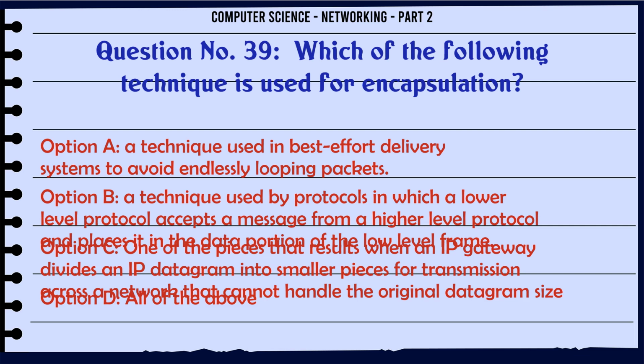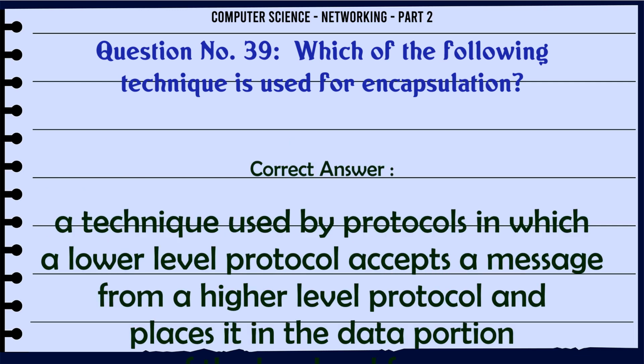C. One of the pieces that results when an IP gateway divides an IP datagram into smaller pieces for transmission across a network that cannot handle the original datagram size. D. All of the above. The correct answer is a technique used by protocols in which a lower-level protocol accepts a message from a higher-level protocol and places it in the data portion of the low-level frame.